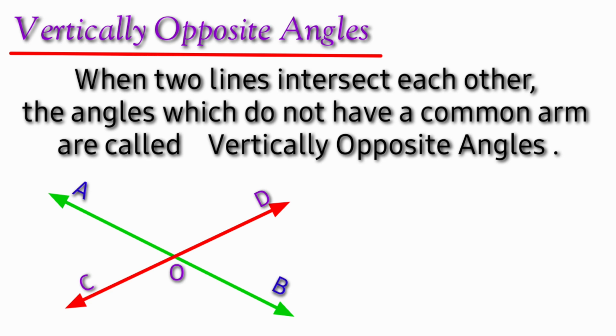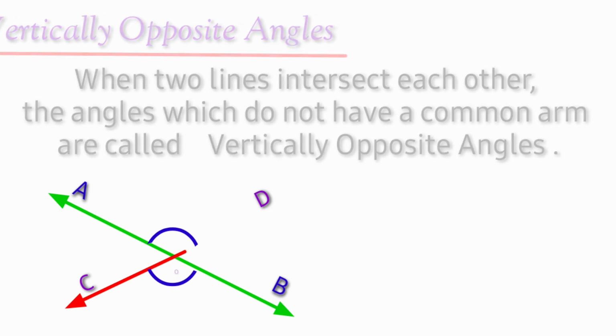See, in the figure, AB and CD are intersecting at point O. And you can see two pairs of vertically opposite angles. First pair is angle AOC and angle DOB, and another one is angle AOD and angle COB.